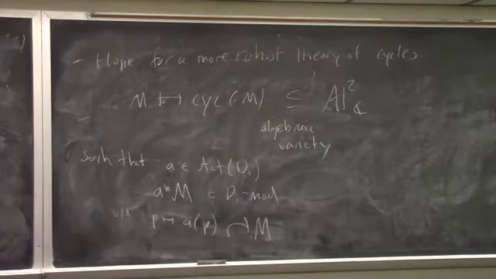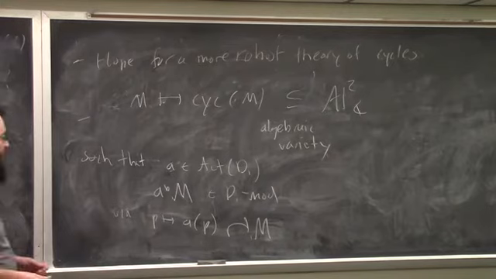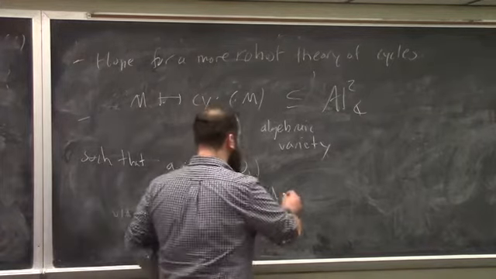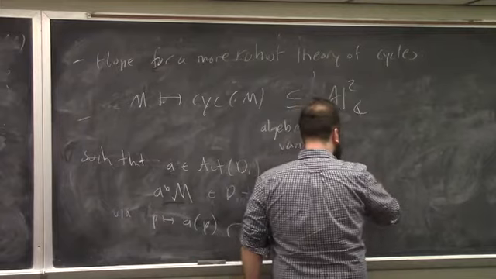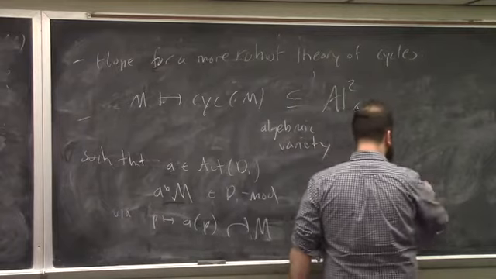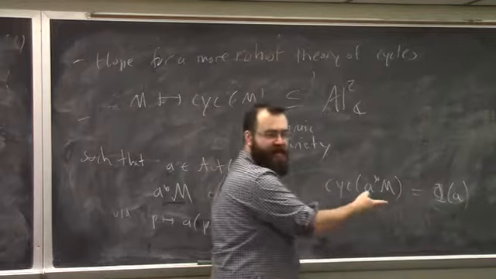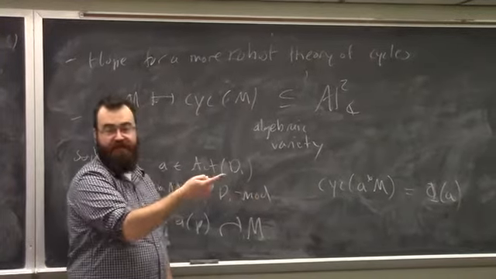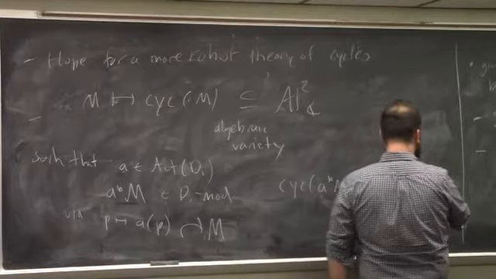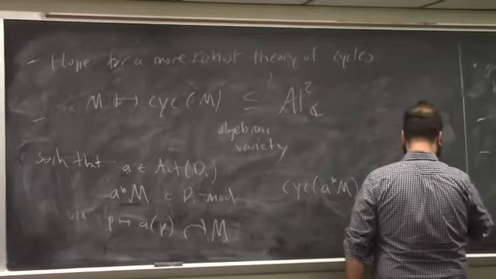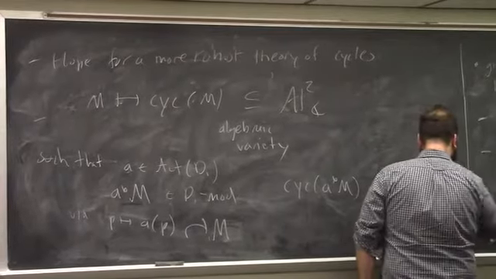So it's a new module over your same ring. And now I should have the property that the cycle of A pullback M is equal to, well, to A I can associate phi of A, which is an automorphism of A2. And then I want to say that phi of A pulls back the cycle.